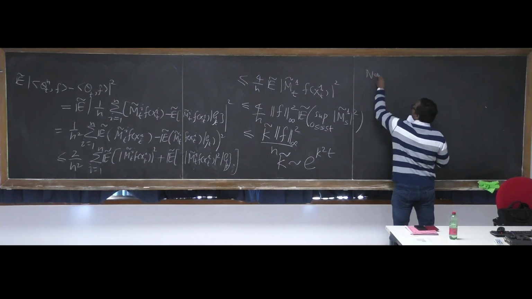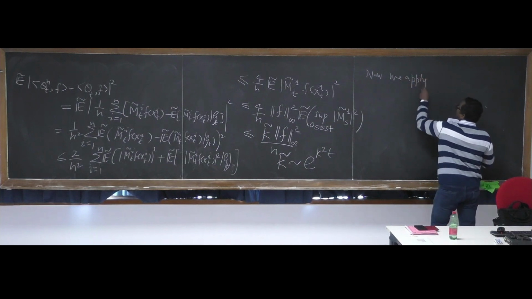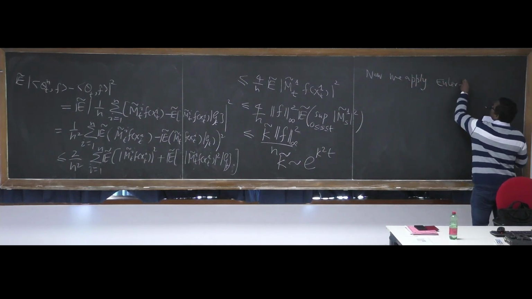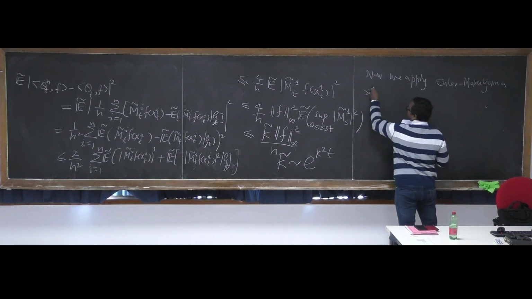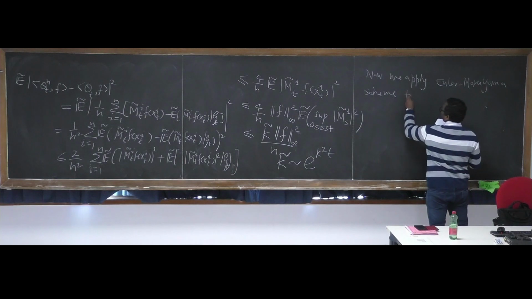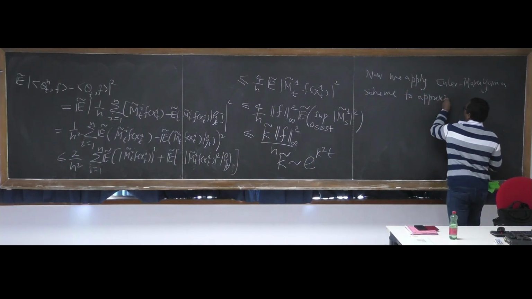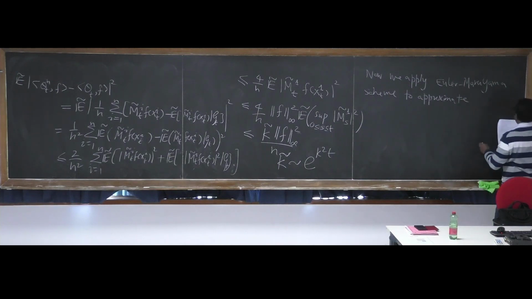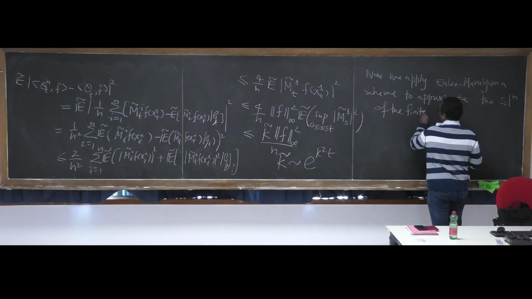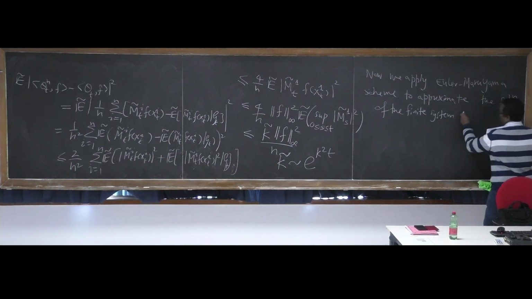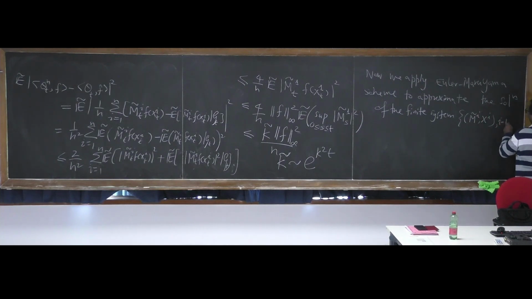So now we apply the Euler-Maruyama scheme to approximate the solution of the finite system, x tilde i, m tilde i, where i runs from 1 to n.